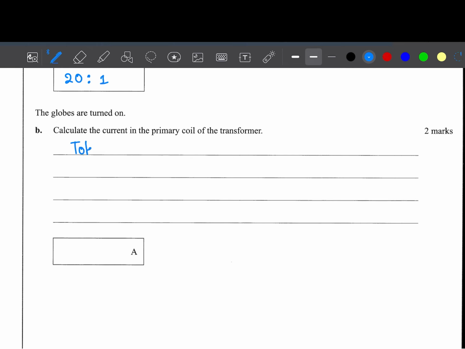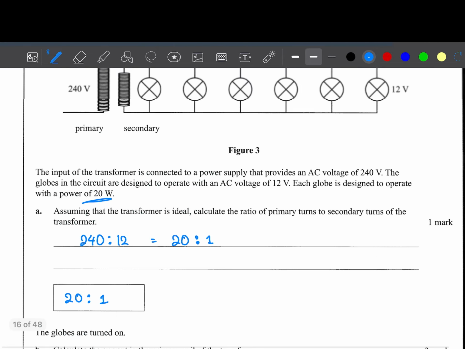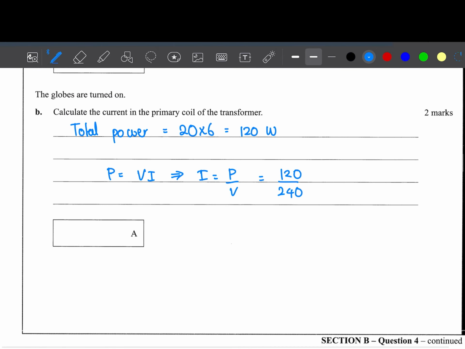So total power is going to equal 20 times 6 because there are 6 light globes and each of them uses 20 watts. So we'll get 120 watts. Now we know that power equals VI, which implies that I equals P on V, and hence 120 on 240, which means that we get 0.5 amperes.